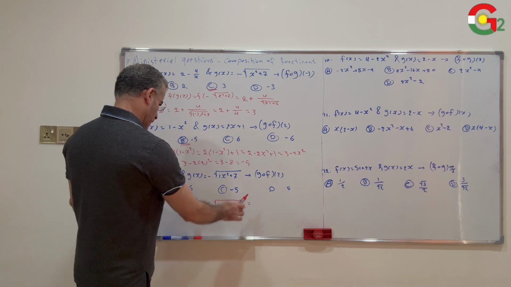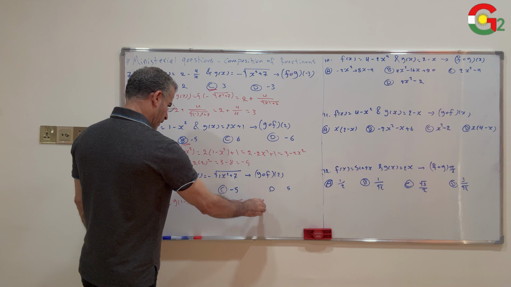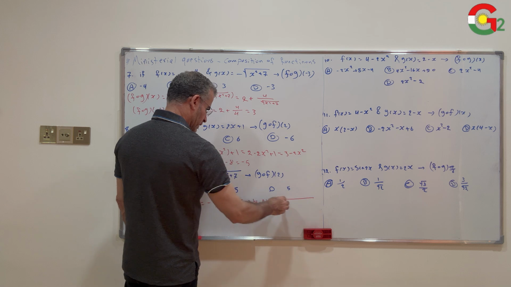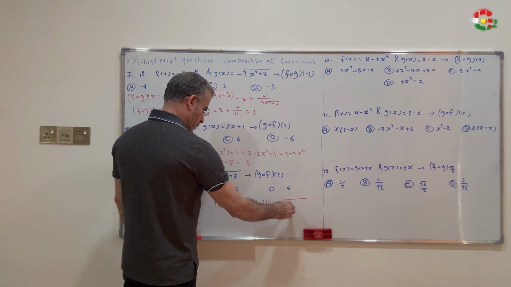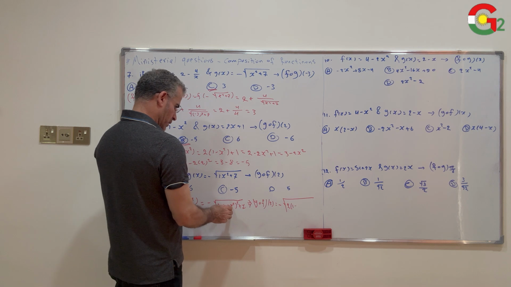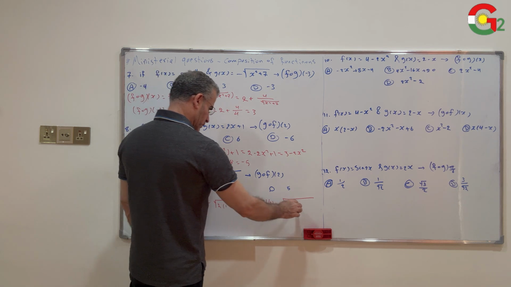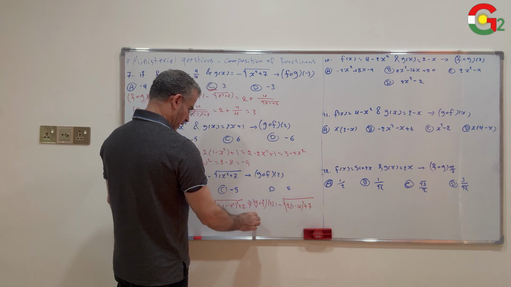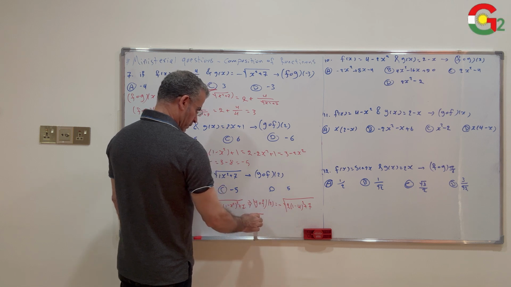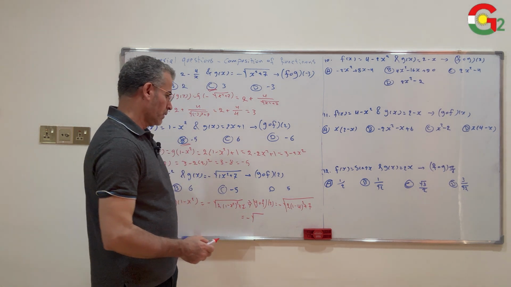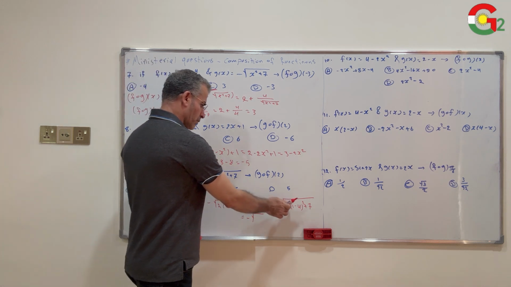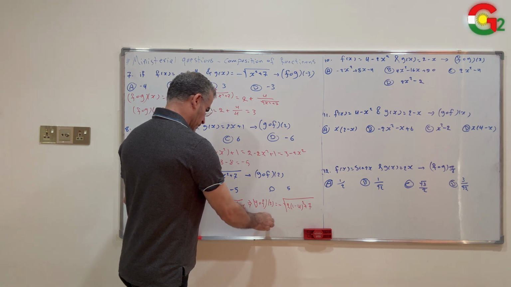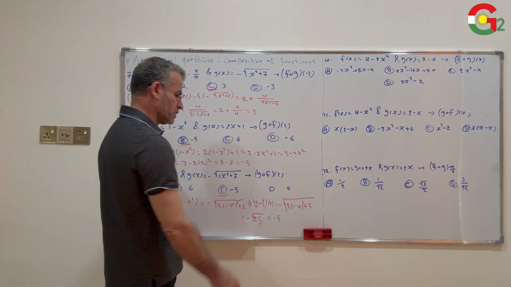Then g of f of 2 equals negative square root of 2 times (1 minus 2 squared) plus 7, which equals negative square root of 2 times (1 minus 4), negative 3 squared, 9. 9 times 2 is 18. 18 plus 7 is 25, which equals negative 5. Choice number C.